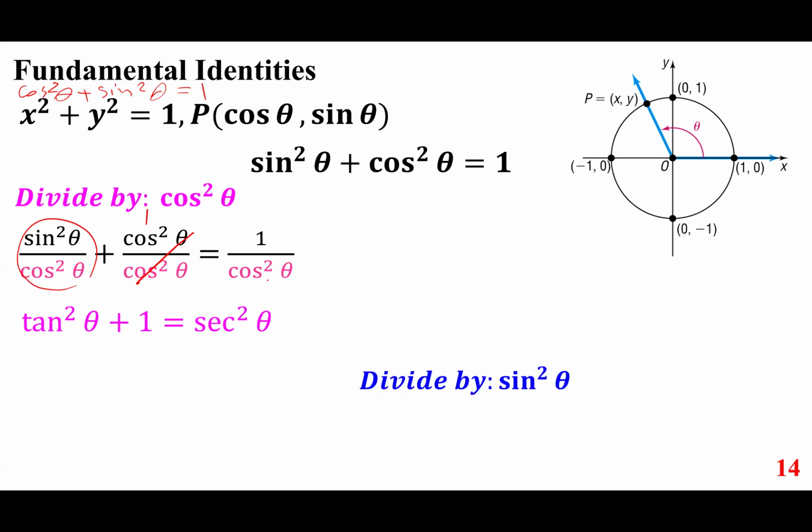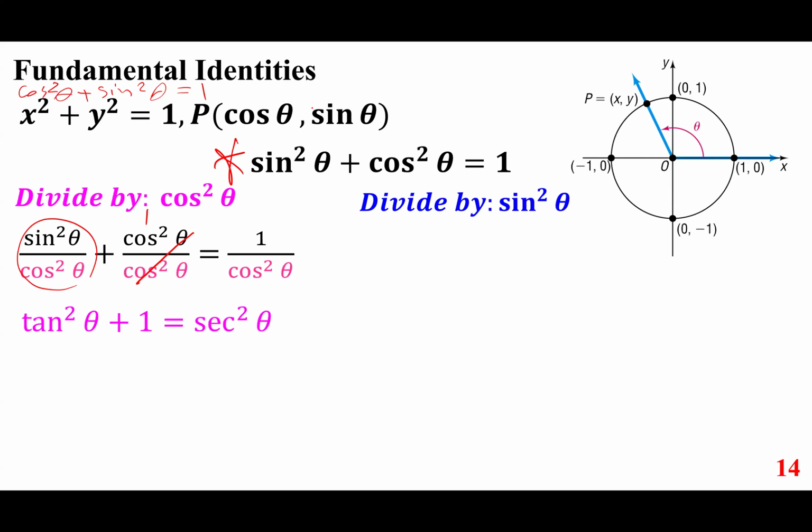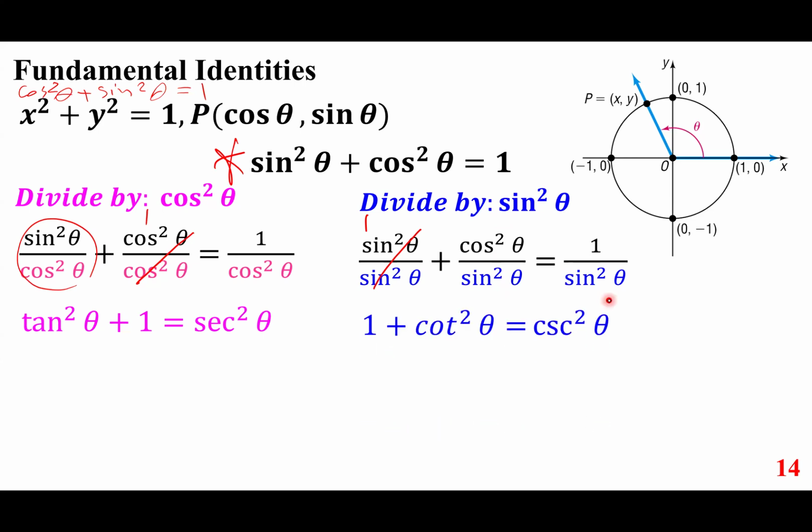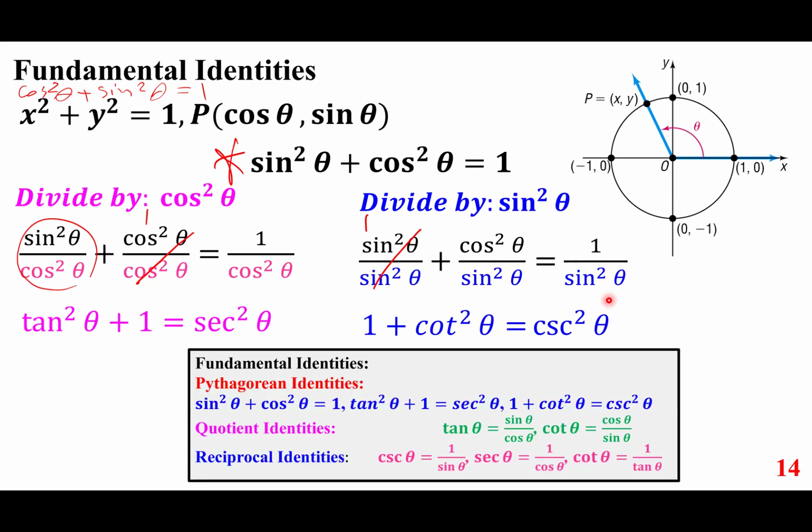This time, we're going to divide by sine squared. And when we do that, obviously, this becomes 1. Cosine over sine is cotangent, so this is cotangent squared. 1 over sine is cosecant, so this is cosecant squared. And therefore, we have proved 3 Pythagorean identities.